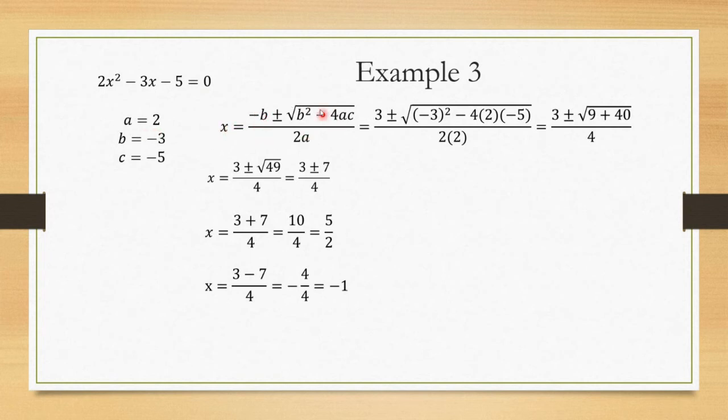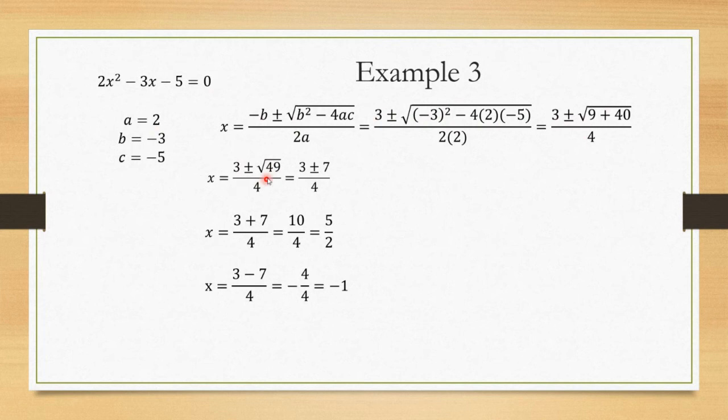Again, this is the formula. So we have minus minus 3, that's 3, plus or minus the square root of 3 squared minus 4 times A, which is 2, times C, which is minus 5. Again, we have subtraction here, which is what should happen, but because of this extra negative here, we get addition. So it's 3 plus or minus the square root of 9 plus 40, over 4.